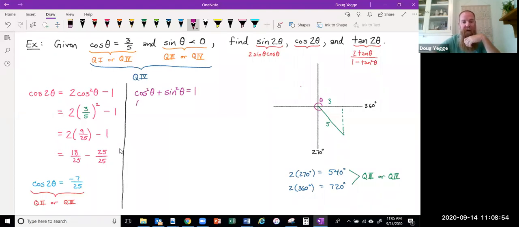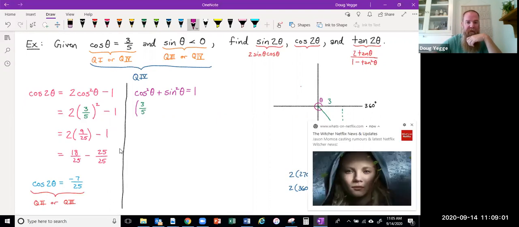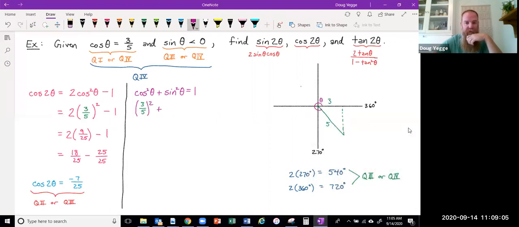And we know that cosine theta is 3/5. So that becomes 3/5 squared plus sine squared theta is equal to 1.